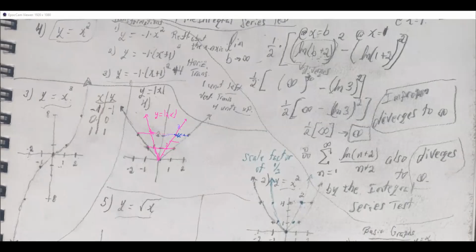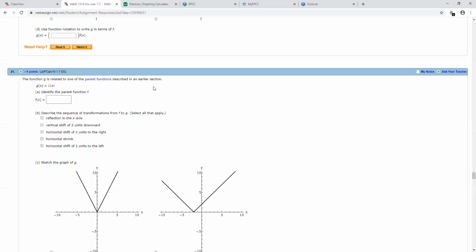Okay, so we go back to our WebAssign. And, okay, Megan, what does it ask us here? Can you read this part? The function g is related to one of the parent functions described in an earlier section. And then letter A? Identify the parent function f.